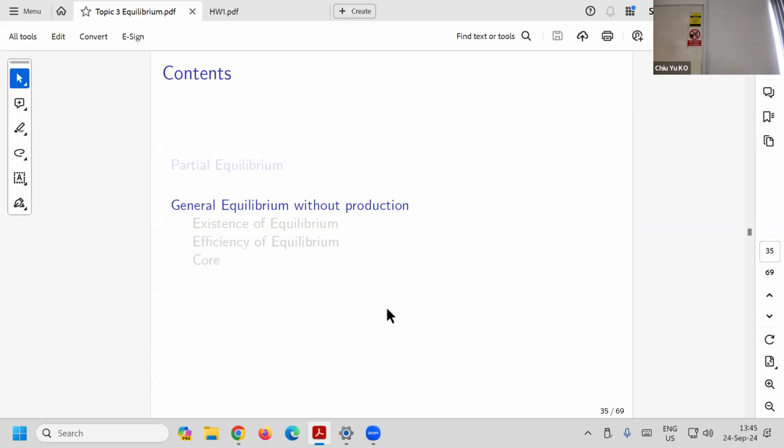Then we look at general equilibrium, if there's no question. The idea of general equilibrium here is not to tell you how to prove the existence of equilibrium, which very few people are actually doing, but rather we're trying to introduce some concepts of what we call productive efficiency, core, individual rationality, which is still used in contract theory, used in a lot of experiments, used in a lot of contexts.